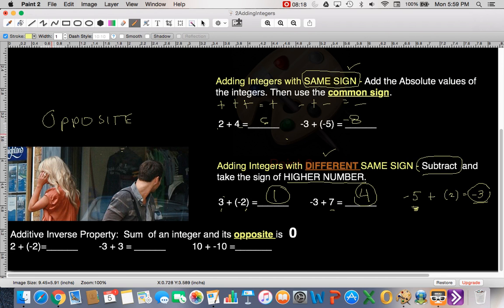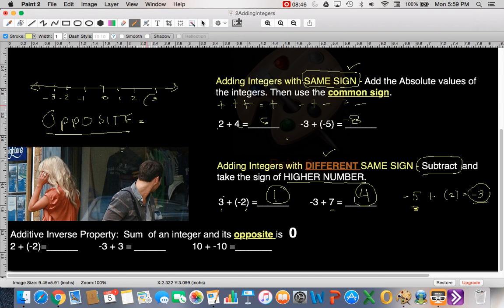And opposite meaning there is one rule that we can remember when adding opposite integers. So let's say this is the number line, and we're going to make numbers negative 3, negative 2, negative 1, 0, 1, 2, and 3.